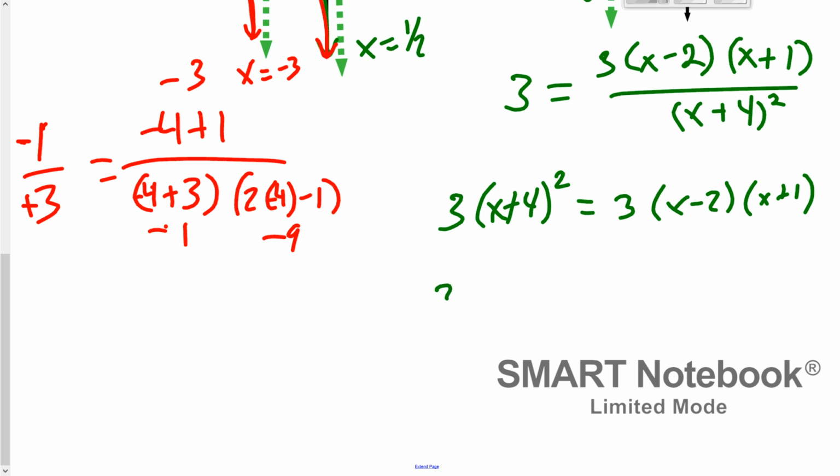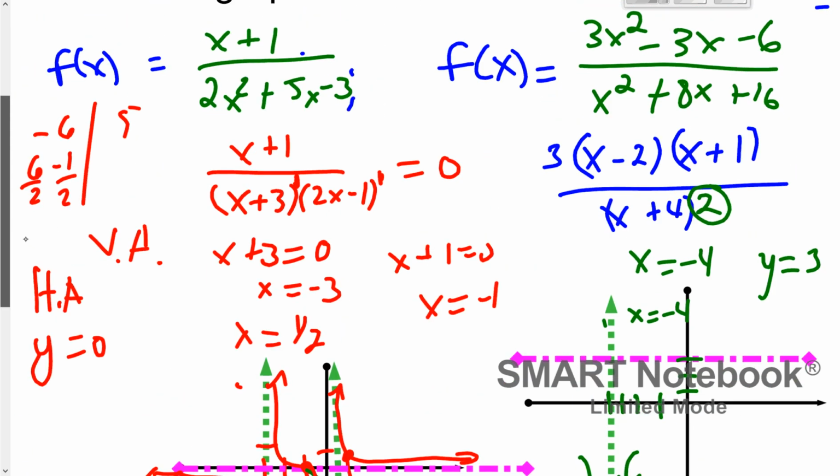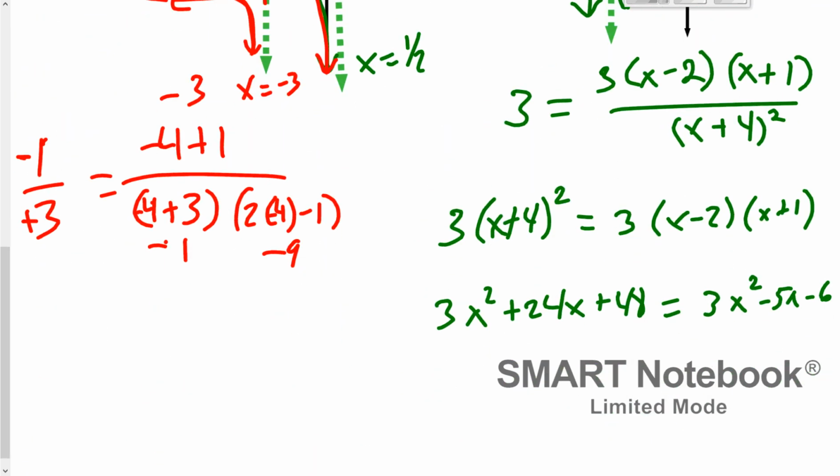So this would be 3x squared plus 24x plus 48 equals 3x squared minus 3x in the middle, minus 6.